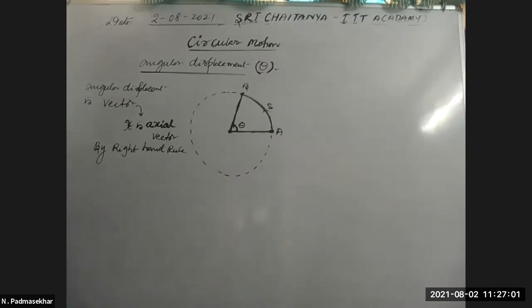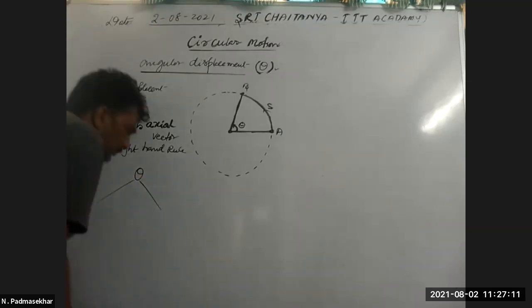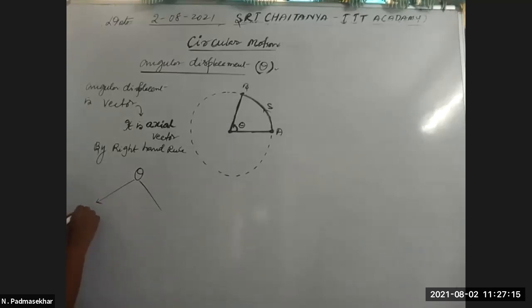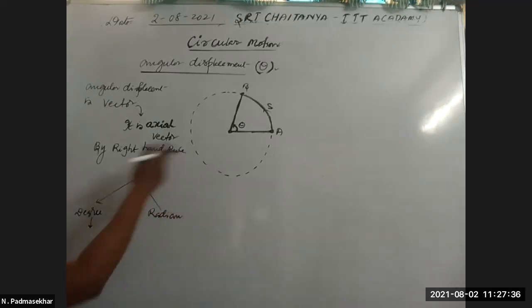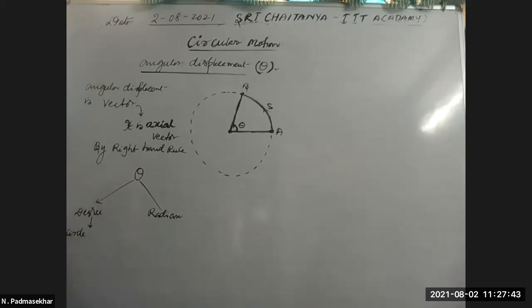Theta can be measured in degrees and radians. ఇప్పుడు ఒక ఫుల్ సర్కిల్ తిరిగిందనుకో, ఫుల్ సర్కిల్ తిరిగితే how many degrees? ఫుల్ సర్కిల్ అంటే full circle, how many degrees? 360.